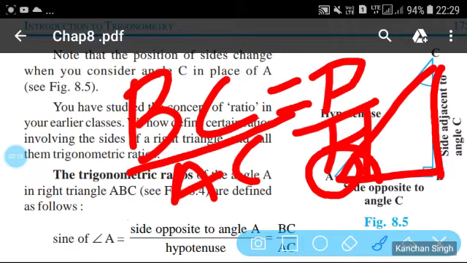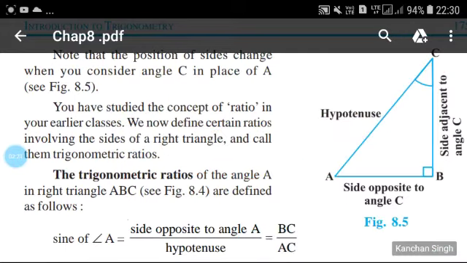When you remember this property, then only you will be able to write it. So to write sine A, we have to learn: opposite side by hypotenuse.